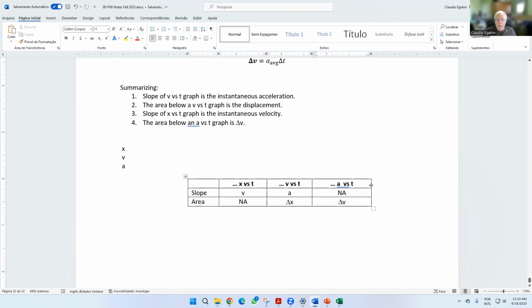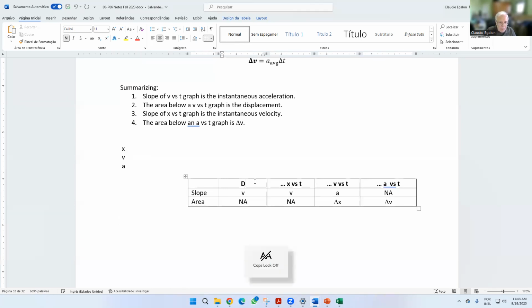Don't forget, the slope goes up. I'm going to put one more table here. Direction: up, down. Up means what?